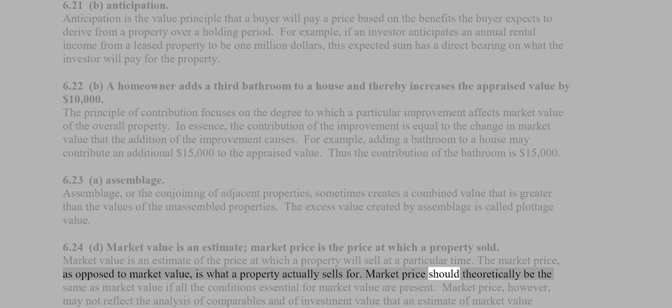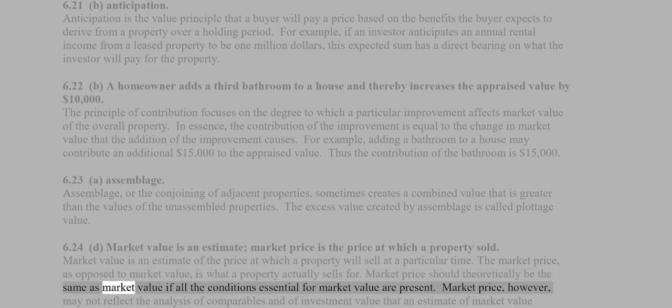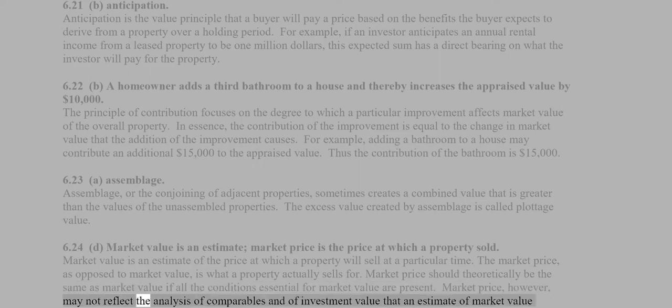Market price should theoretically be the same as market value if all the conditions essential for market value are present. Market price, however, may not reflect the analysis of comparables and of investment value that an estimate of market value includes.